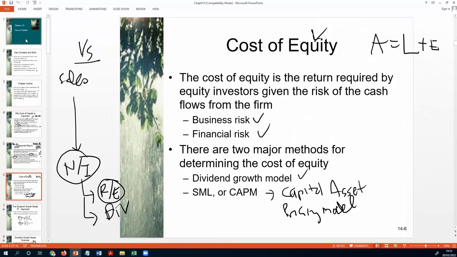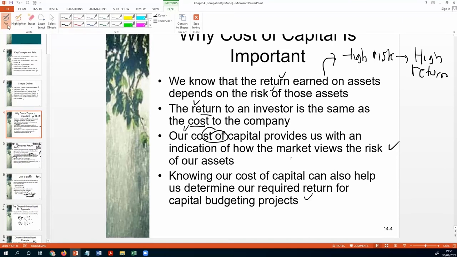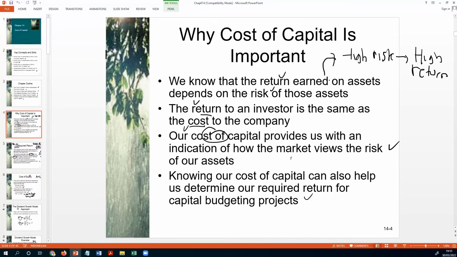Okay. Why is cost of capital important? We know that the return on asset depends on the risk of those assets.